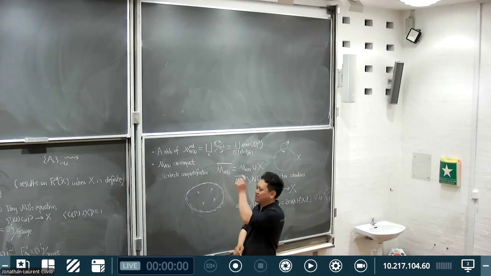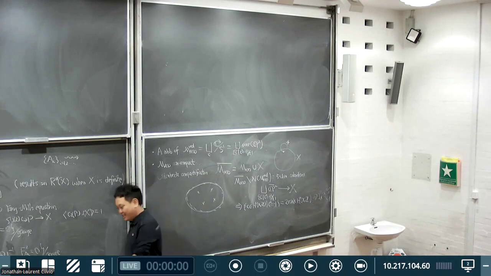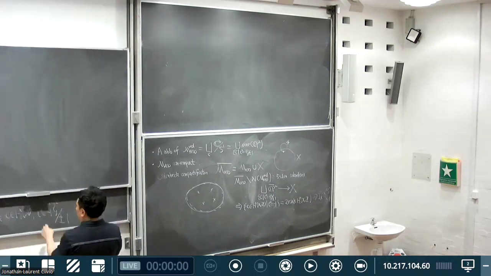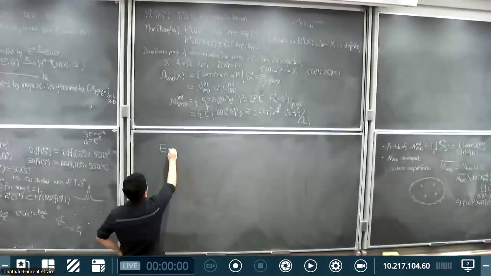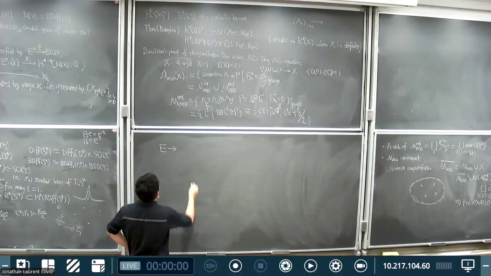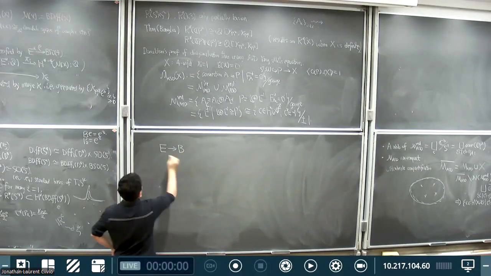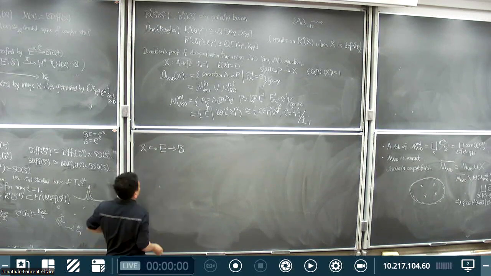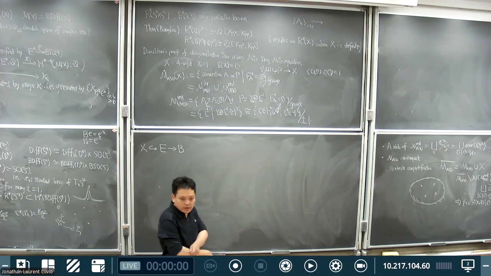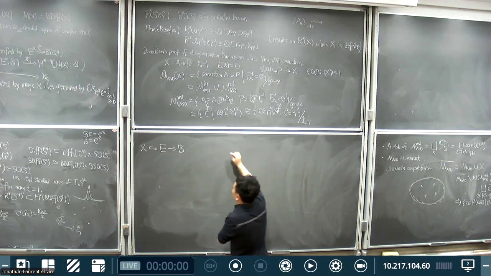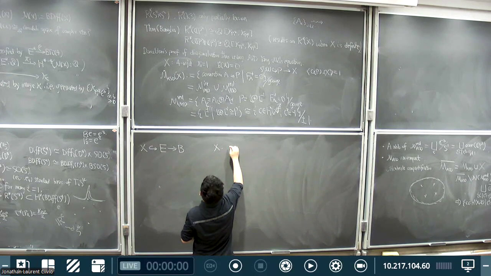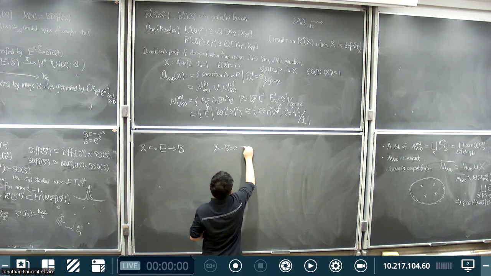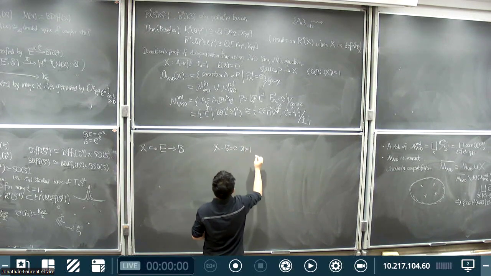And now let's try to do it in a family setting. Let's consider E. We have this X, a smooth spin bundle over E. X again satisfies b_2^+ equals 0 and b_1 equals 0.